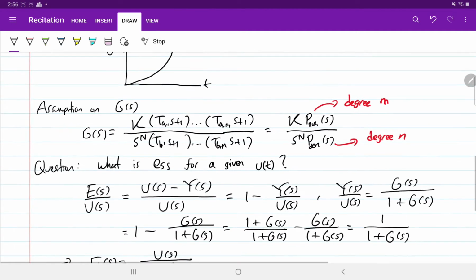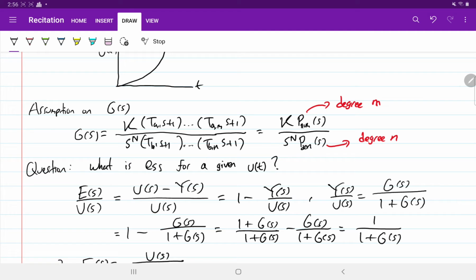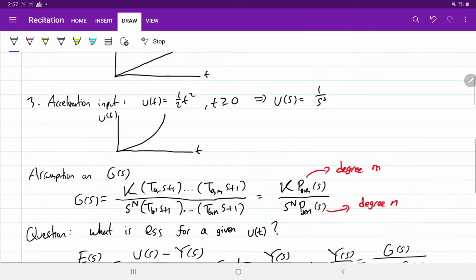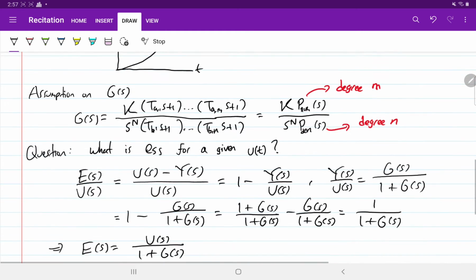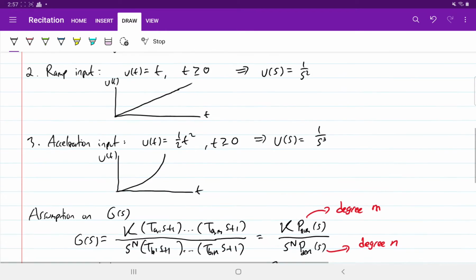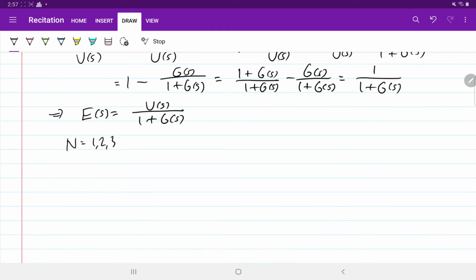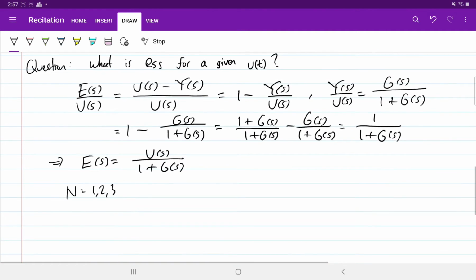Basically we want to examine three different types of g of s. So for n equal to 1, 2, or 3. Okay, so for g of s of type 1, g of s of type 2, and g of s of type 3.